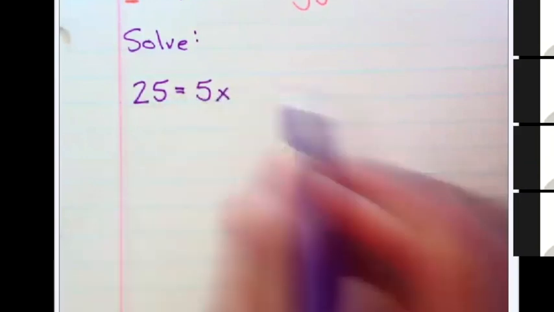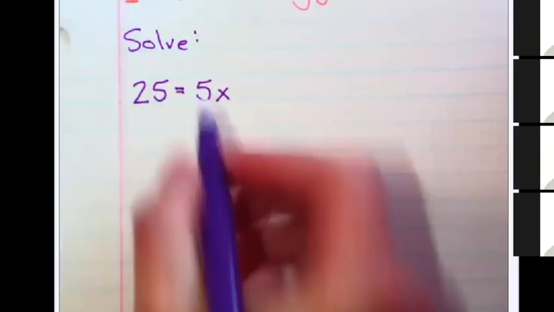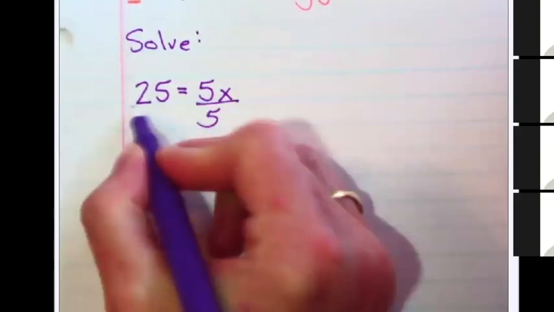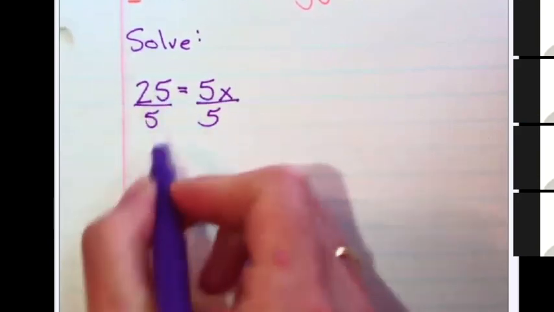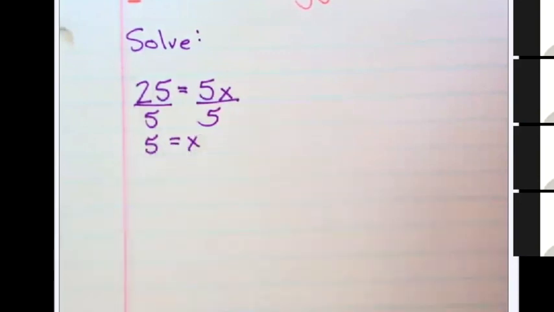If I gave you that equation and said solve it, how would you get the x by itself? Divide by 5, right? So you've got to do the same thing to both sides. We've got to do the opposite. So the opposite of 5 times x is that we have to divide by what's beside the x. 25 divided by 5 is 5, and we know that 5 is equal to x.